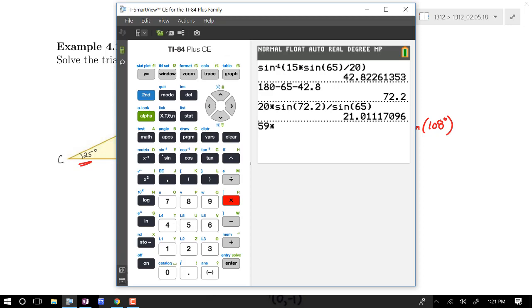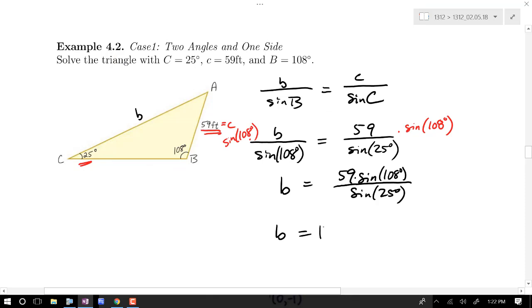So 59 times sine of 108, close the parentheses and divide by sine of 25. And we get 132.8. And this would be in feet. It would inherit the same linear units.